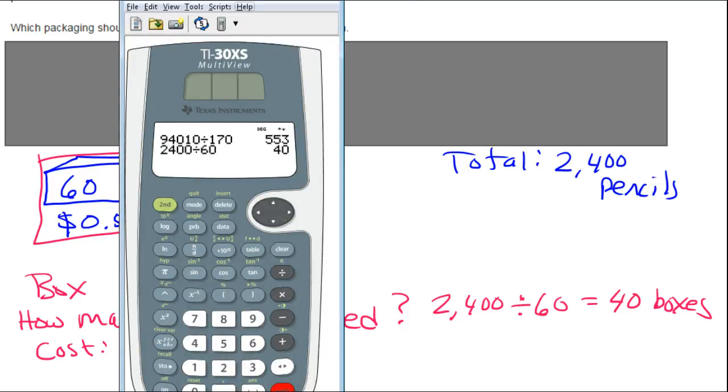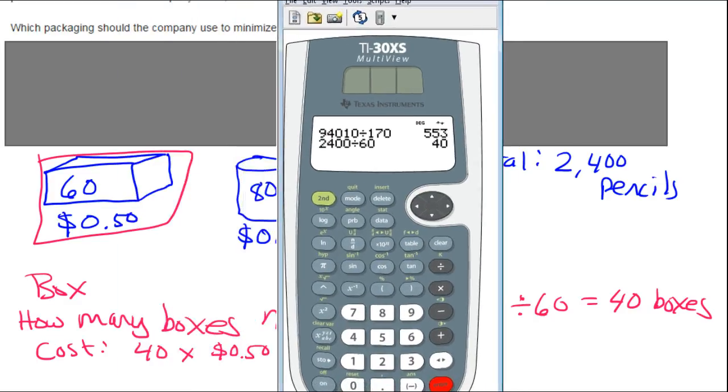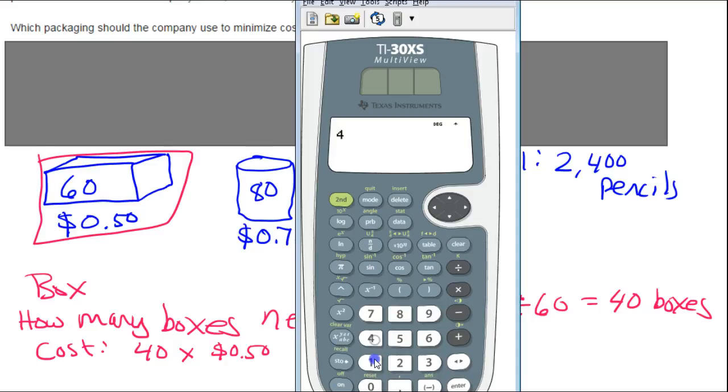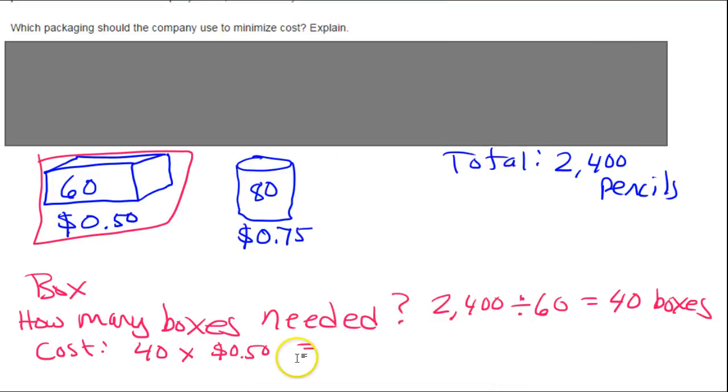That's $20. So the box method would cost us $20.